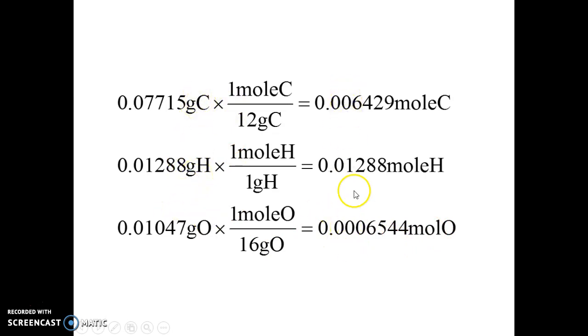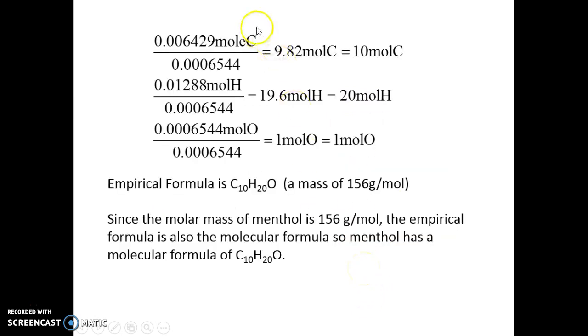So I've got this many moles of each of the elements. I'm going to divide by my smallest number, which turns out being the oxygen. So I get 9.8, 19.6, and 1.0. This is close enough, even though I would not be comfortable rounding this up to 20.